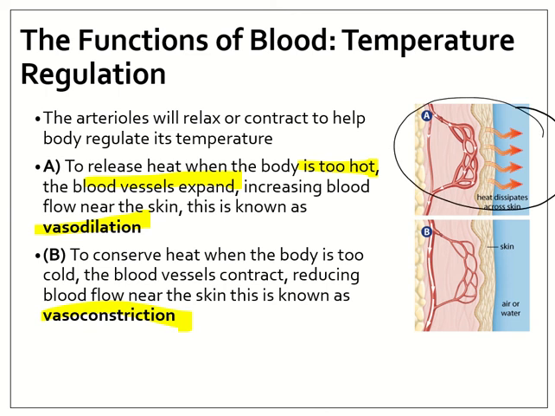So they expand and then we lose heat. If we are cold, the blood vessels contract, keeping them away from the skin, keeping the heat in. And this is you're releasing the heat. Because our body needs to stay at an ideal temperature.